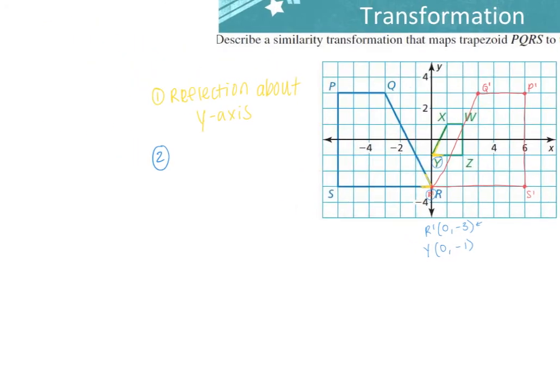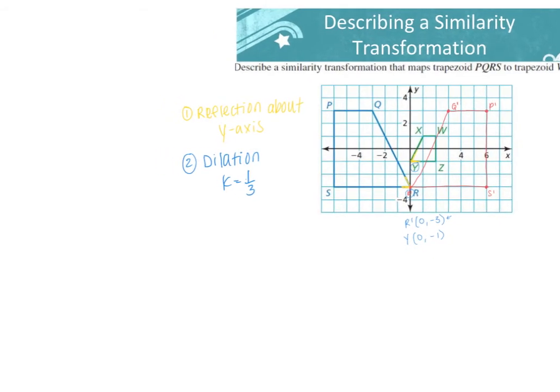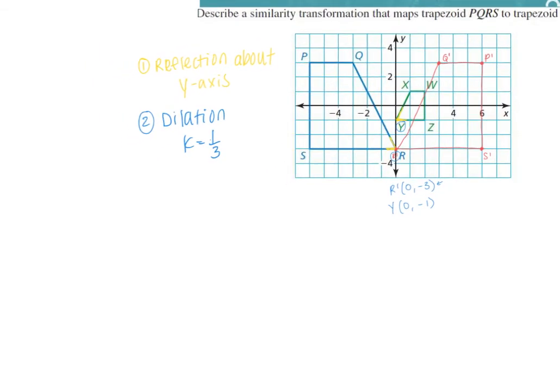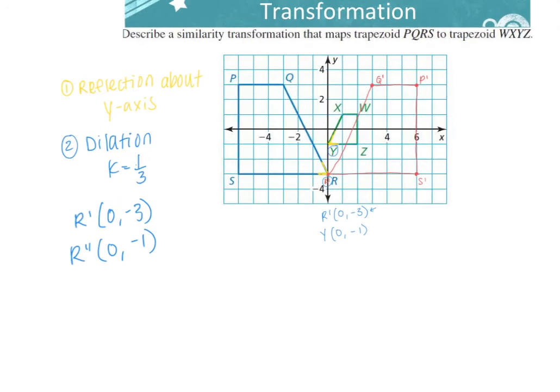So for R prime, let's do a dilation with k equals 1/3 to all of our coordinates. If we were to take R prime at 0, -3, R double prime would be 0, -1, because we're dividing by 3.